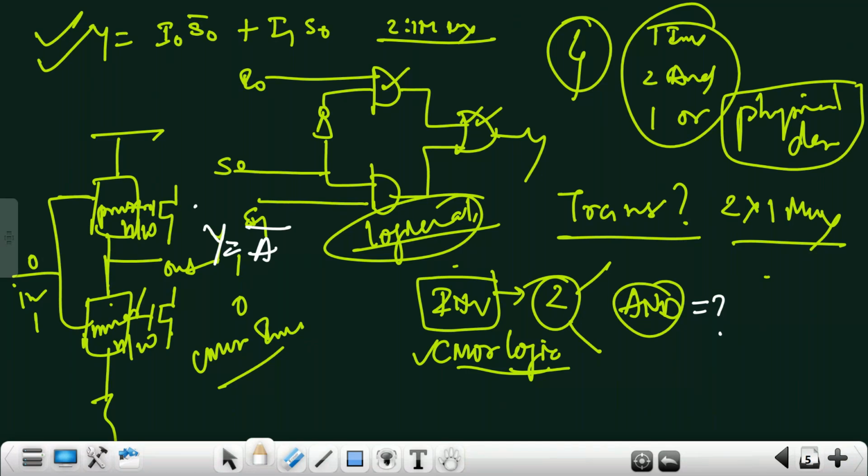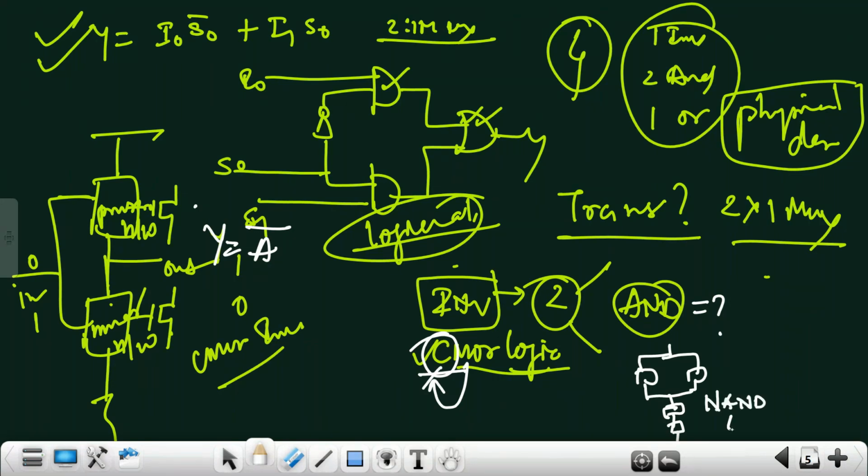Why 6 transistors? Because like I said, CMOS is complementing, right? Whatever your MOSFET is, it is complementing. So what you have said, 4, that is correct if there was no complementing. If you use 4 transistors, 2 PMOS here and 2 NMOS here, this is NAND, right?